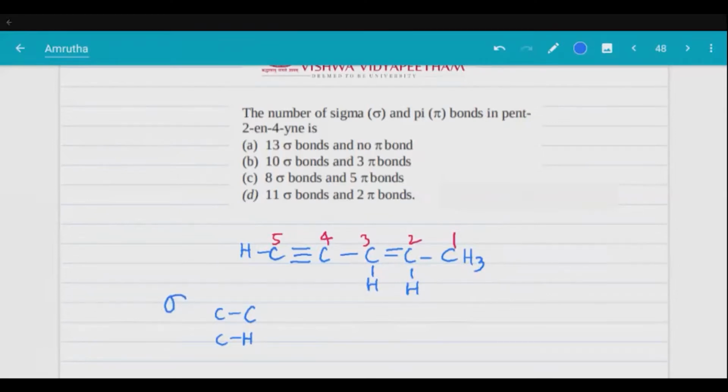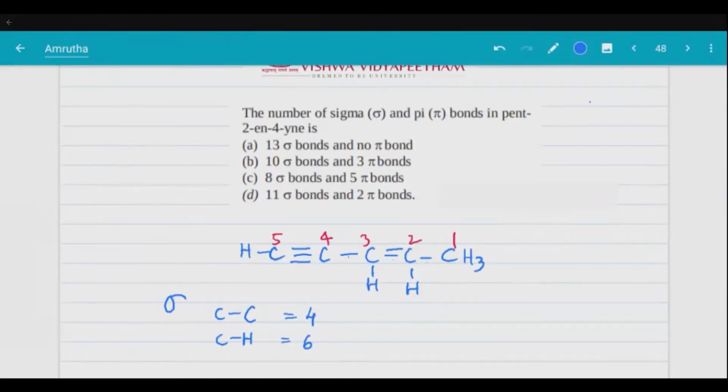Only sigma bond is possible. So first let us count CC. How many carbon bonds are there? 1, 2, 3, 4. 4 bonds CC. How many CH bonds are there? 3, 4, 5, 6. Anything extra here? Are we missing anything? No, right?